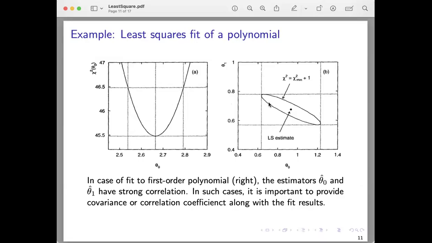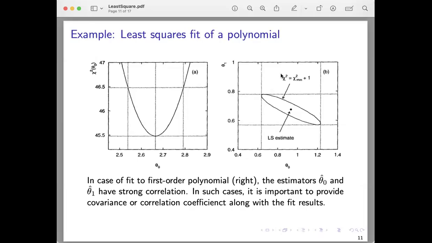Similarly, when we do this first order fit, the first order polynomial, you have two parameters. So you will get the 1 sigma contour, or 1 standard deviation contour. It's elliptical, which corresponds to, like we discussed earlier in the case of the maximum likelihood fit, where the value of log L reduces from its maximum value by half.